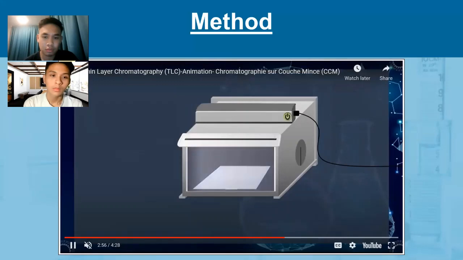When we observe under the UV lamp, there are different dots present.